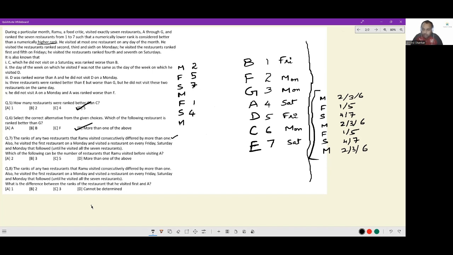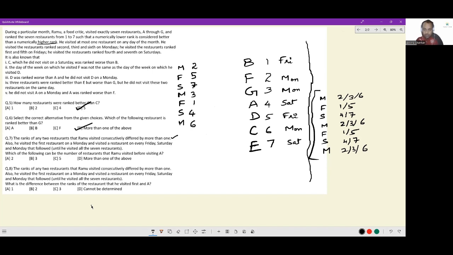Now the only spots left are 2, 3, 6. 2 is gone. After 4, I cannot have 3. So this would have to be 6. And the only rank left is 3. One possible arrangement that could be generated is done.